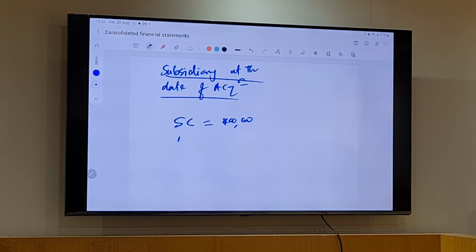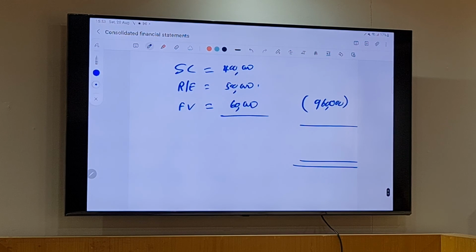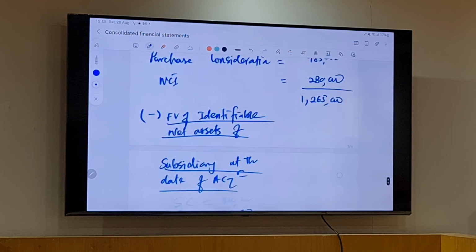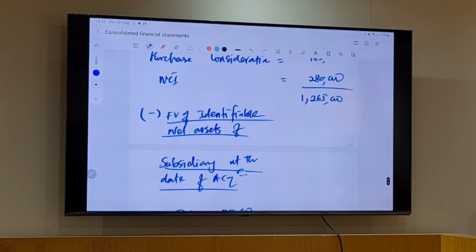And then retained earnings, 500,000. Fair value, 60. Total 960. How much is goodwill? 305. Is the difference 305?